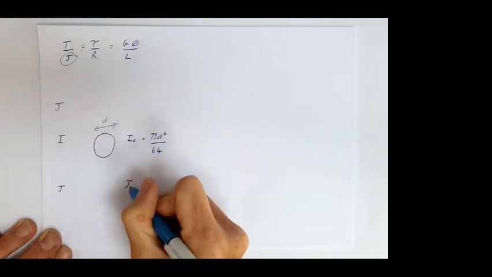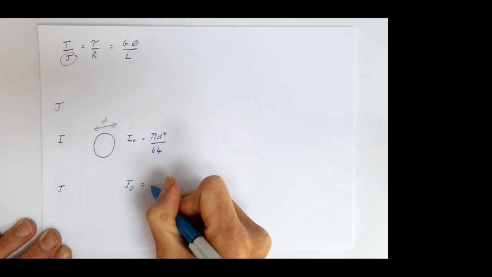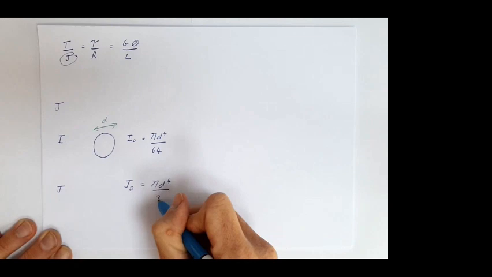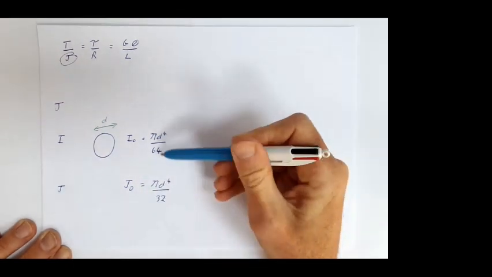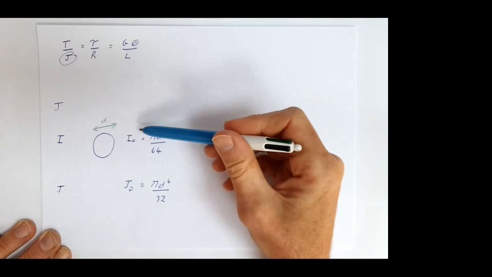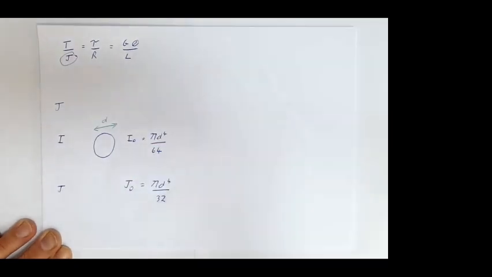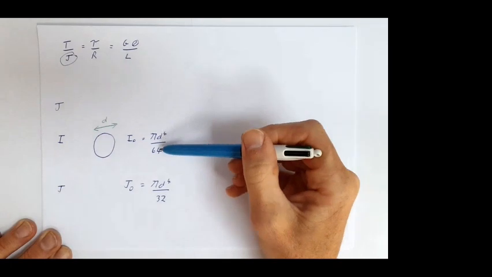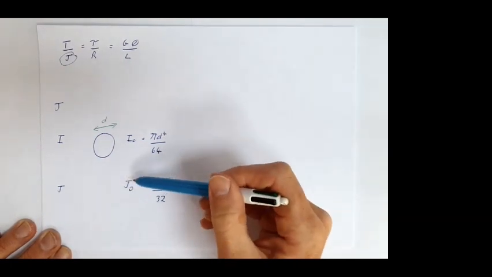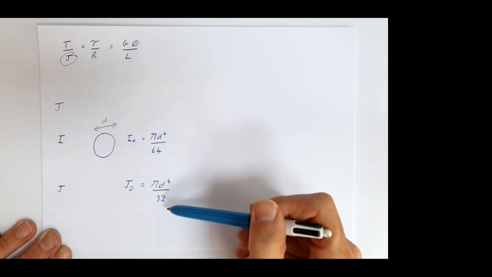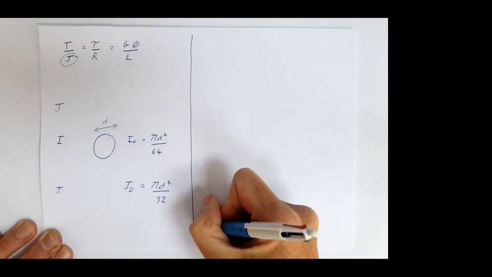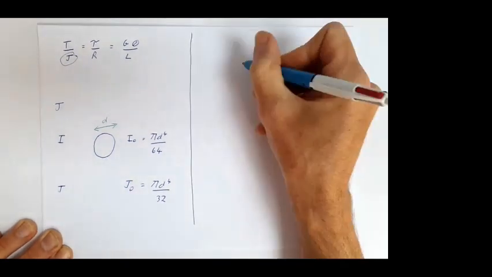J for that circle is equal to pi d to the 4 over 32. They're very similar. I always get them confused actually. So you don't need to remember that, but you should certainly be able to recognize that I, the second moment of area for a circle, is pi d to the 4 over 64, and J for a circle is pi d to the 4 over 32.